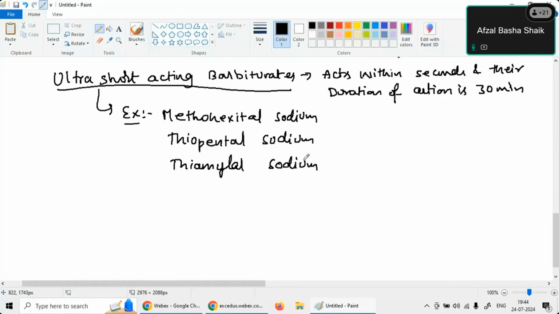If you see the structure of these drugs, the thiopental sodium, for example, I am drawing the structure of thiopental itself.